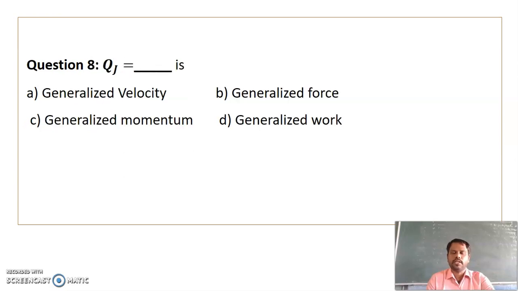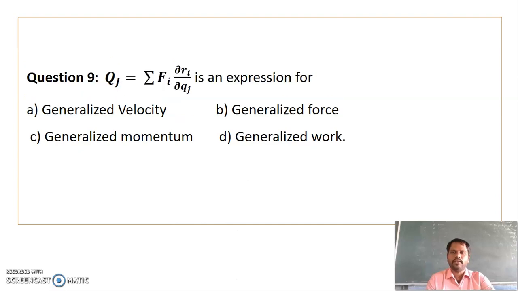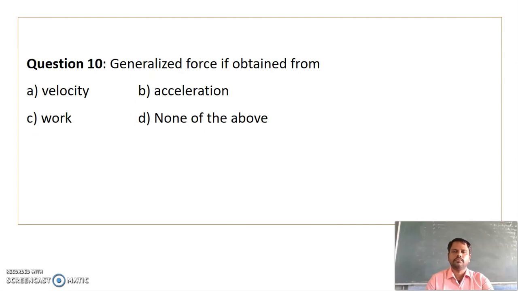Question number 8. Qj is known as, you know, we have seen it is a generalized force. Question number 9. Qj, which is equal to summation Fi dou ri by dou qj, is an expression for, you know that it is a generalized force.